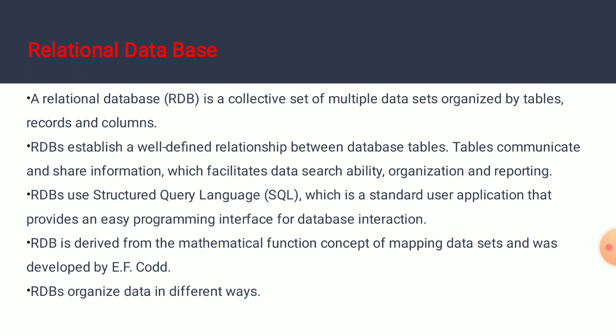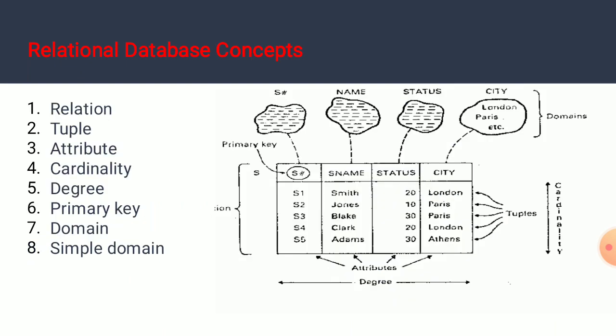RDB is organized in different ways. There are some concepts under which relational database works: relation, tuple, attribute, cardinality, degree, primary key, domain, and simple domain.